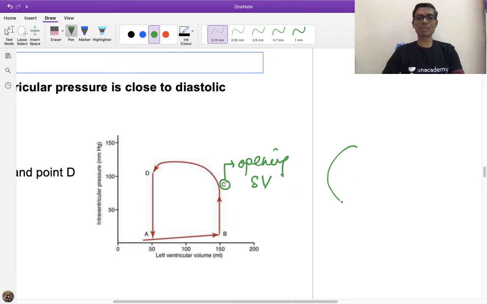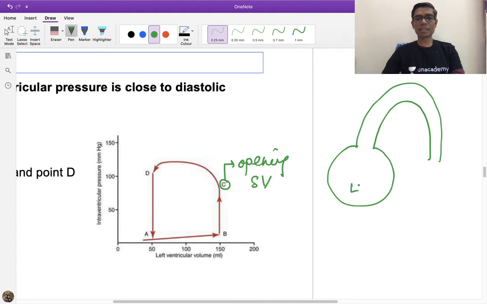Now what is the concept of opening of semilunar valves? See here, suppose this is the arch of aorta and this is the left ventricle. Now when the left ventricle is contracting, the semilunar valve is closed, the left ventricle is contracting and the tricuspid valve is also closed. We know this is nothing but the isovolumic contraction phase.